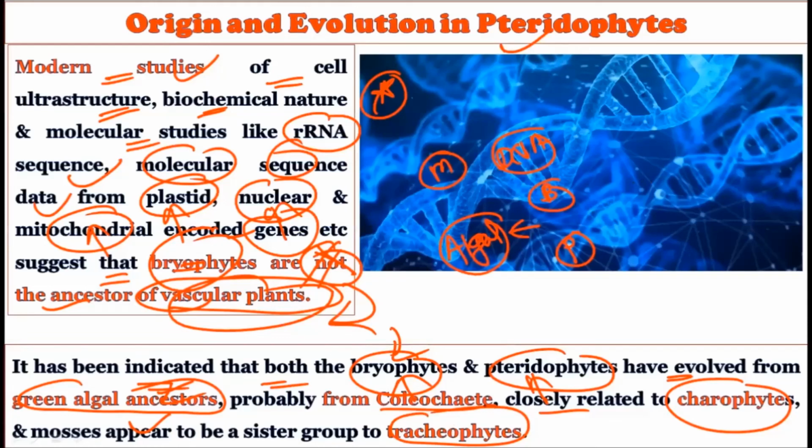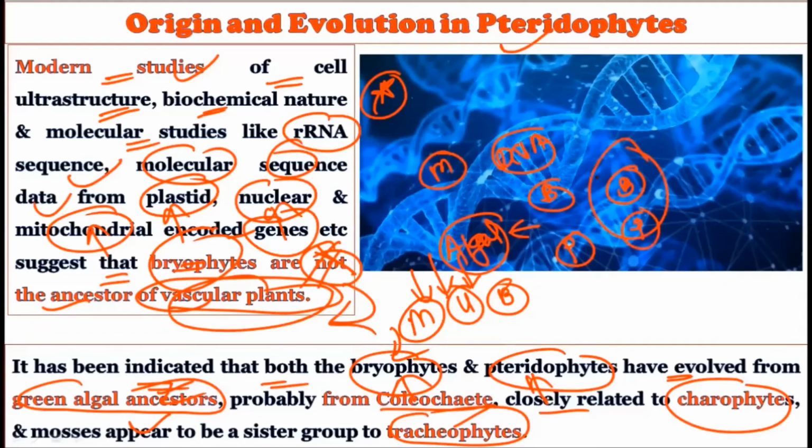So from these molecular, ultrastructure and biochemical studies, we conclude that the bryophytes were not the ancestral plants for the pteridophytes, but the green algae are responsible for giving rise to the bryophytes as well as the pteridophytes.